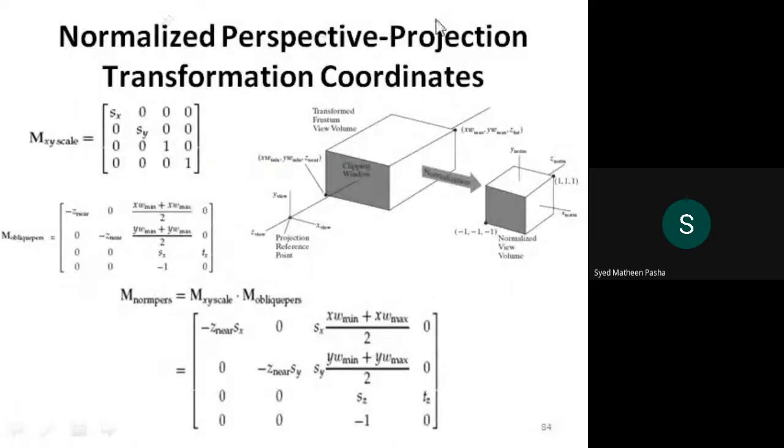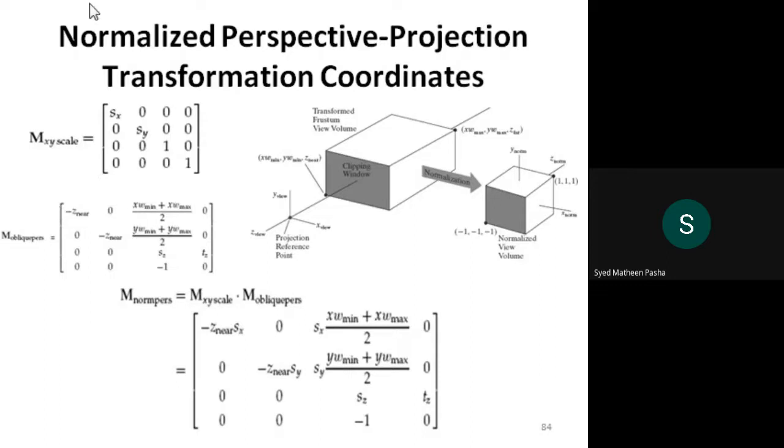In normalized perspective projections, if I want to consider this in matrix form, this is represented as scaling, that is the matrix of xy scale, with respect to the shear transformation towards its diagonal, where it is replaced with the identity matrix. Then, as we studied different projections such as parallel, oblique and all, this coordinate is represented with the oblique perspective with respect to scaling in matrix form.